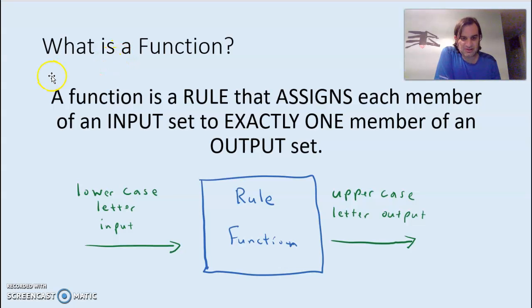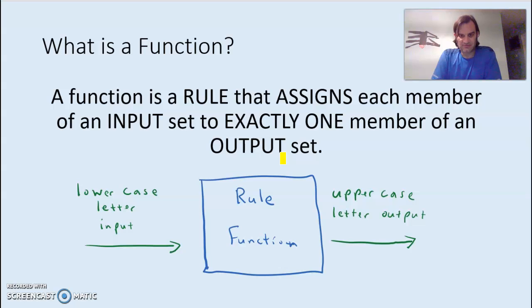So, what is a function? I have some big bold words here, so they must be important. But a function is a rule that assigns each member of an input set to exactly one member of an output set.